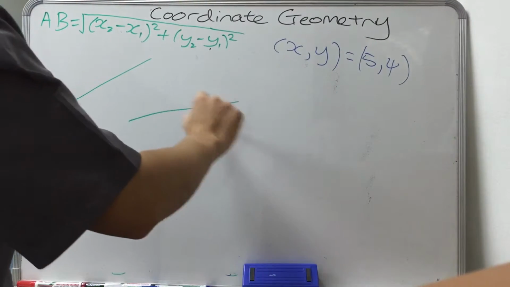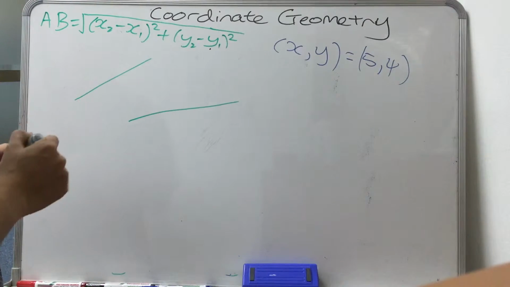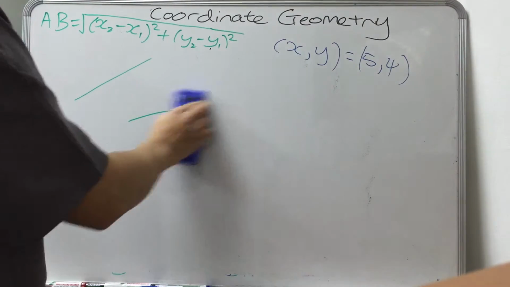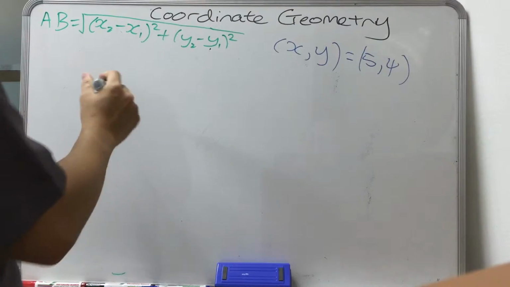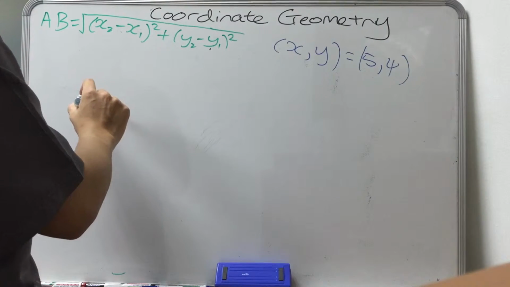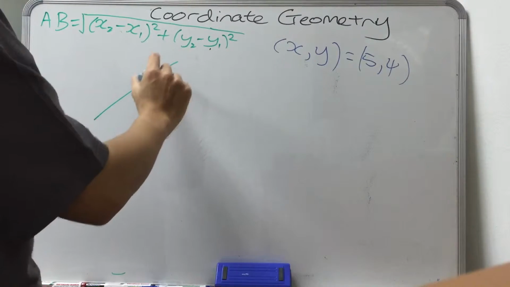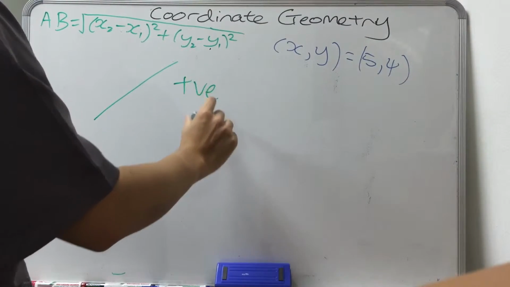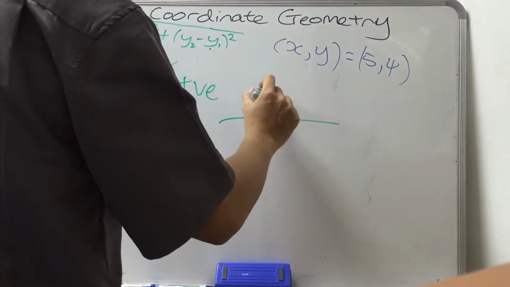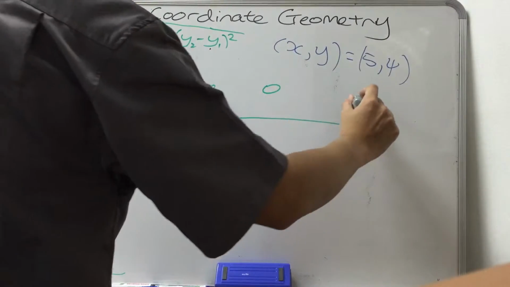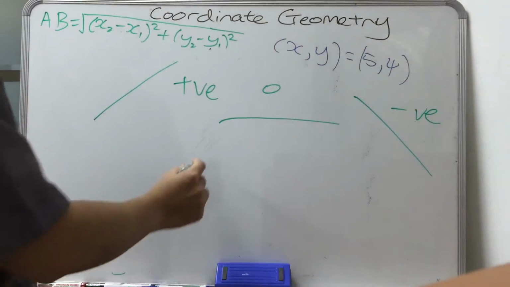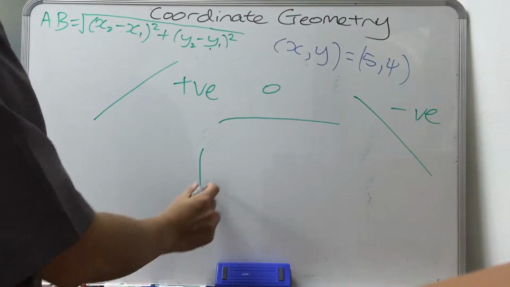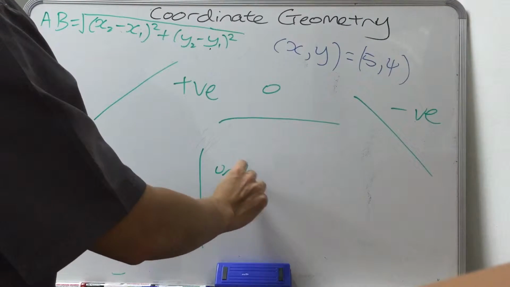So the greater the slope, the higher the gradient. Gradient is how much a line is sloping. Take a look at some common gradients here. This is a positive gradient, this is zero gradient, and this is a negative gradient. Then you also have this, which is undefined.